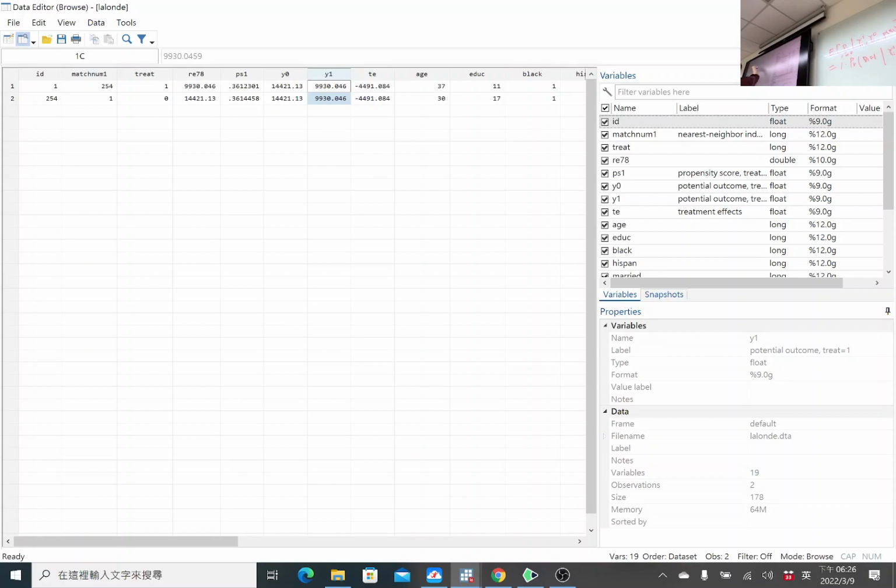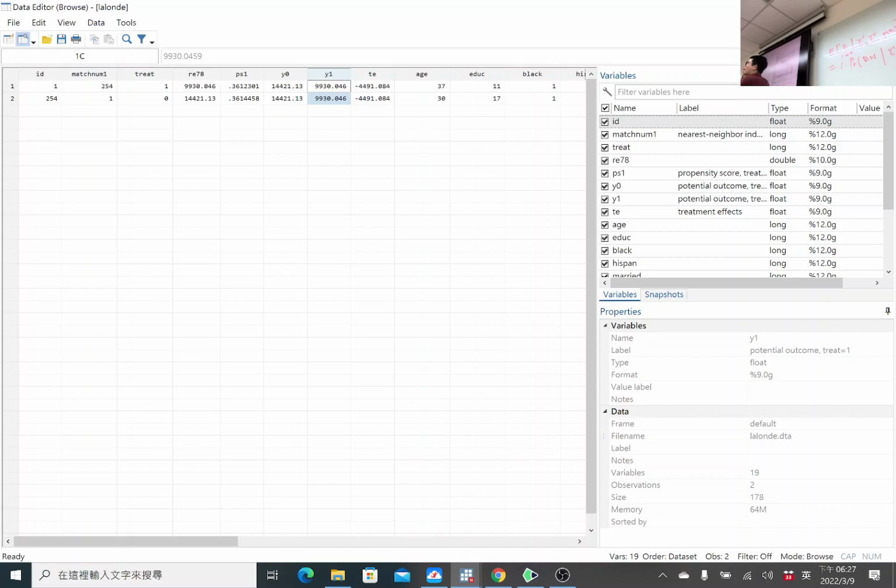Similarly, the control group has similar things. They know y0, because they are in the control group, so their y0 is their observed outcome. We don't know y1 for this observation. We also use propensity, try to find the same propensity, which is unit 1, and impute, and we can get a treatment effect. The average treatment effect is taken over all the individual treatment effects for the whole sample.